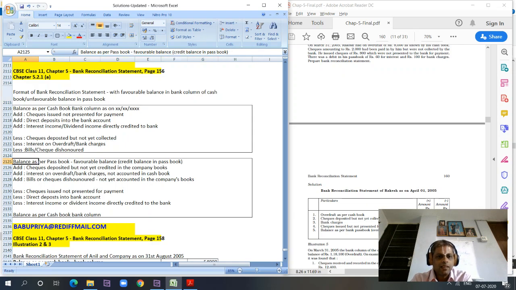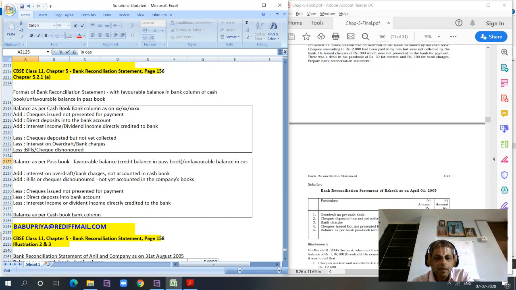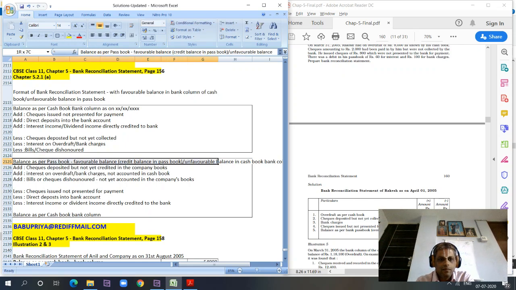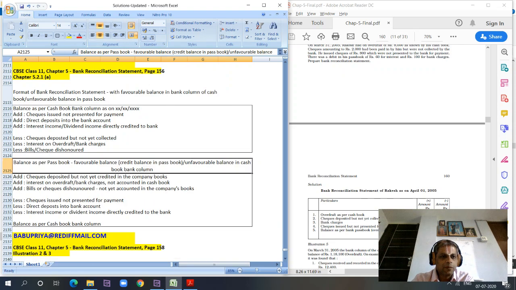Similarly here, balance as per passbook, favorable balance credit slash unfavorable balance in cash book bank column. Easy to understand, right? There's no change in the concept. I'm just putting it for us to understand this better.